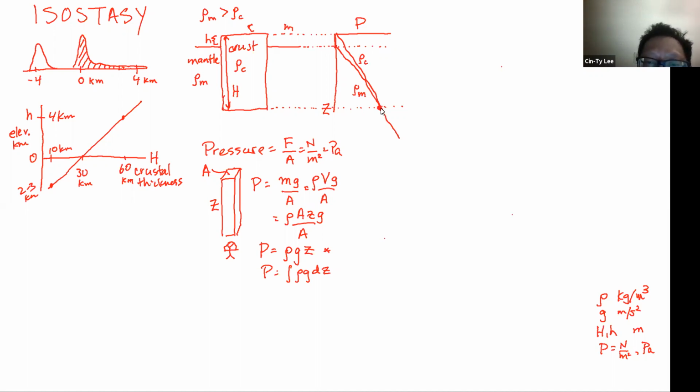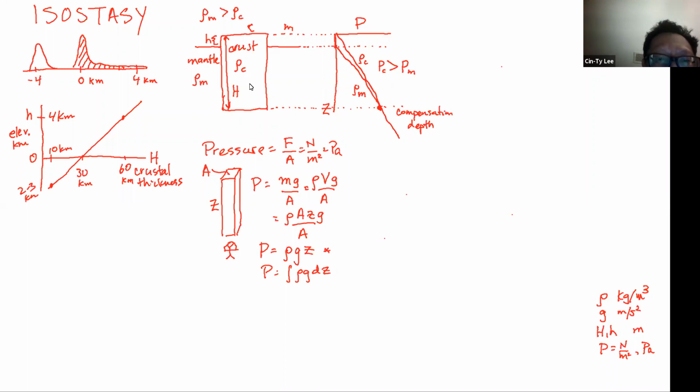And above this, where they intersect, we're going to call this the compensation depth. Okay. And above the compensation depth, the pressure in the crust, you see this, is greater than the pressure in the mantle for a given depth.